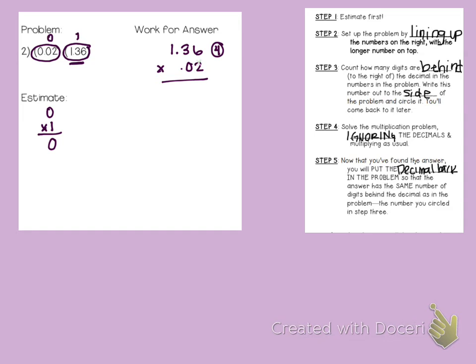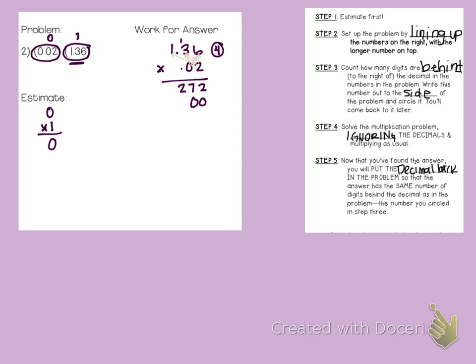Okay, so 2 times 6 is 12. 2 right here, 1 right here. 2 times 3 is 6 plus 1 is 7. 2 times 1 is 2. Remember, we added 0 for place value, okay? And then we have 0 times 6, which is 0.